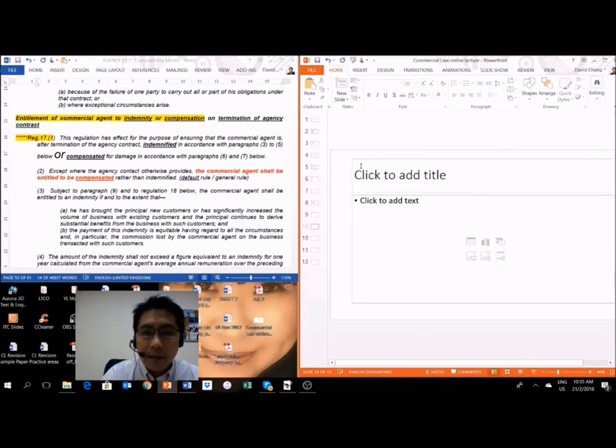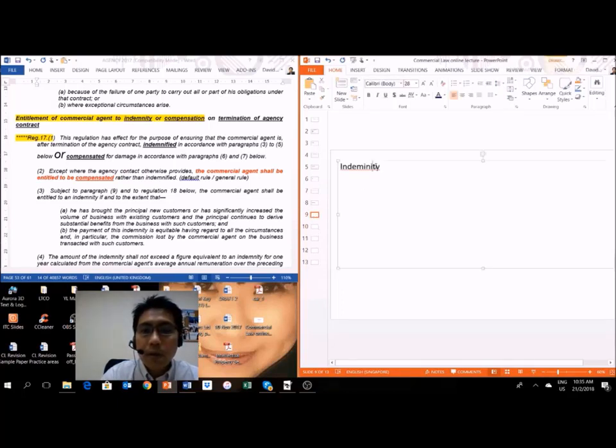The starting point would be Regulation 17 sub 3, which lays down the 2 conditions that will have to be satisfied for you to be entitled to indemnity.